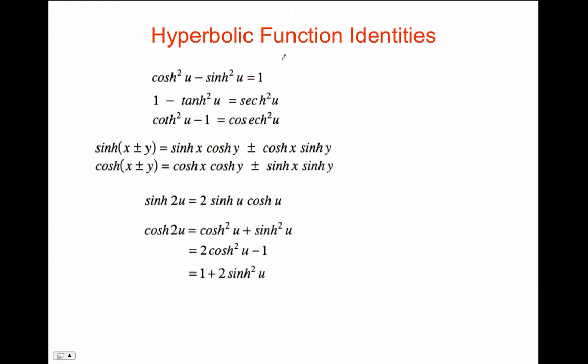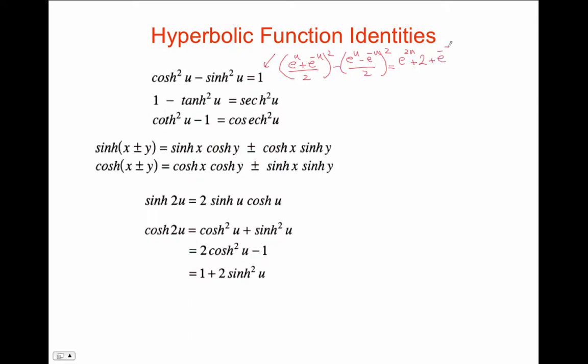The hyperbolic functions obey a number of very simple identities, such as the one over here. This is easily proved by just putting in the definitions of cosh and sinh. If I do that, then I have e to the u plus e to the minus u over 2, squared, subtract from e to the u minus e to the minus u over 2 squared. If I open this out, I get e to the 2u plus 2. That's because I have 2 times e to the u into e to the minus u, that's 2.